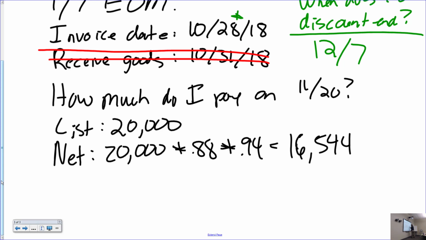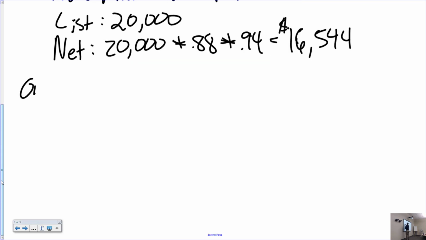$16,544. Note that's what I pay if I don't get an early payment discount. But on 11/20, I get my 1% discount.